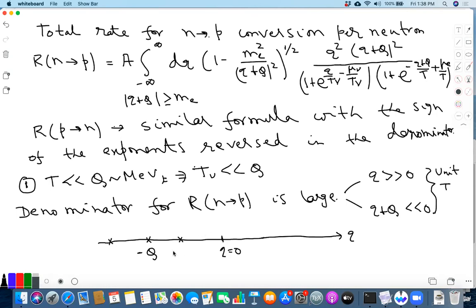This is minus Q plus m_e and minus Q minus m_e. So this condition basically excludes this region. This region is excluded anyway.